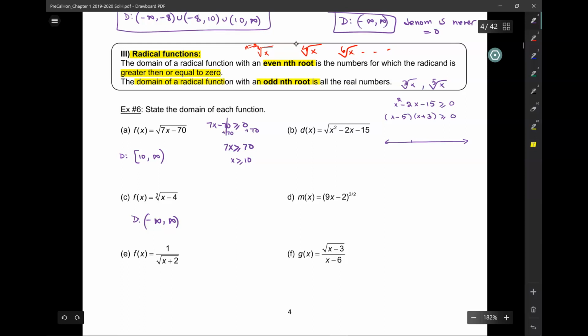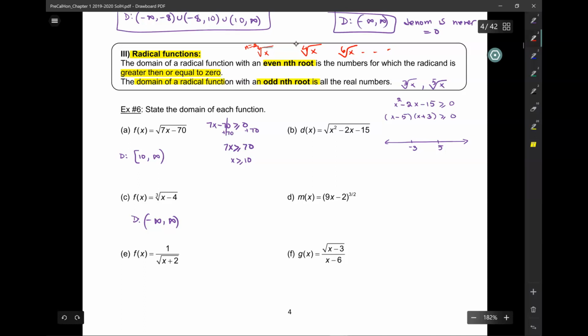Some students remember, many forget. You put it on a number line. Now that splits the number line into 3 regions. What you're going to do now is pick points from each of the regions, and plug them in to see if you get a positive or a negative answer.